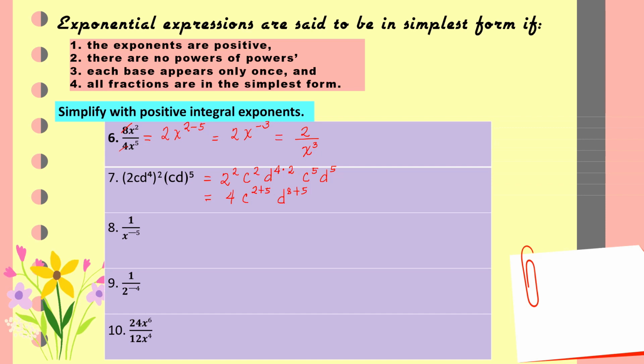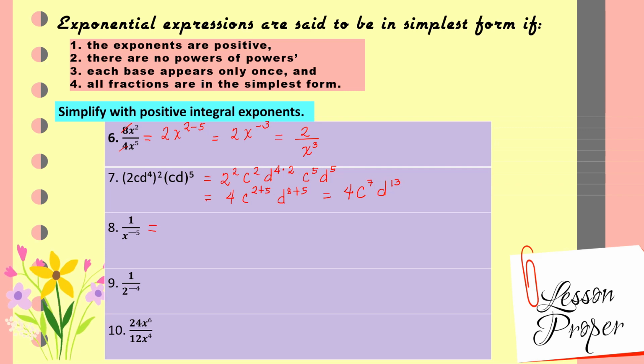We have 4 times 2 is 8, then plus 5 for the last D raised to the 5. So we will have 4 and then C raised to the 7th power, and then D raised to the 13th power. So this is the answer for number 7. How about for number 8?